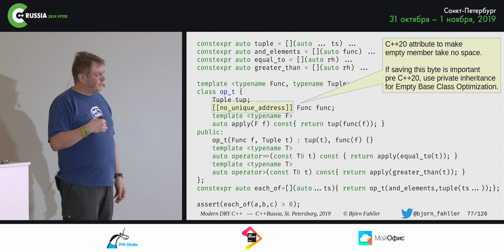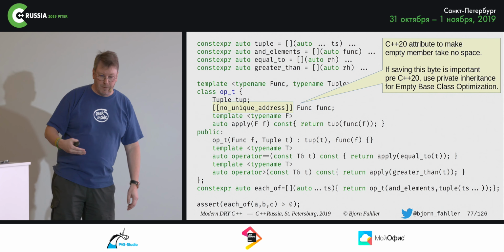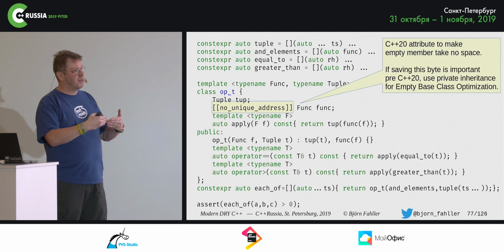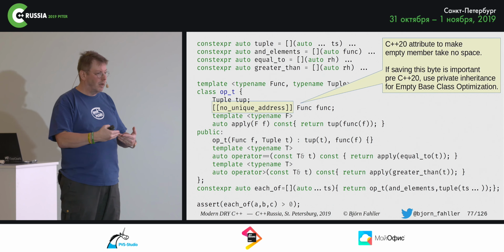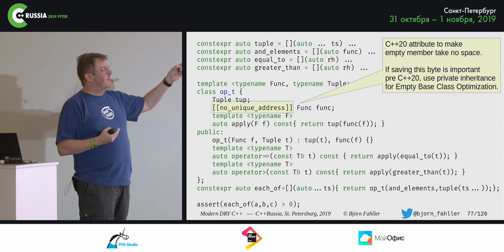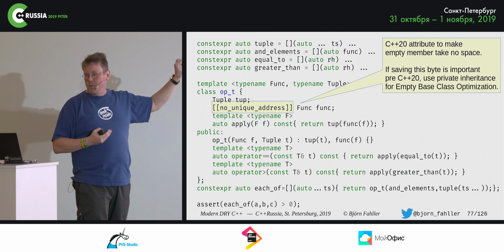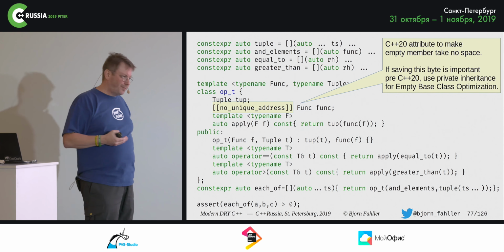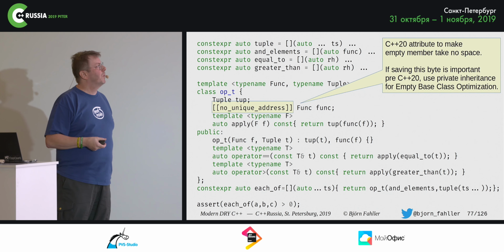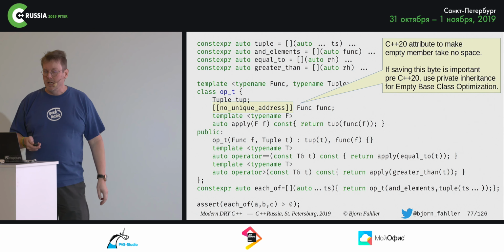But the type rules of the language say that all objects must have unique addresses unless they are related somehow. Which means that this one, even if it's absolutely empty, will take at least 1 byte, and then you have alignment issues, so this type will be unnecessarily large.